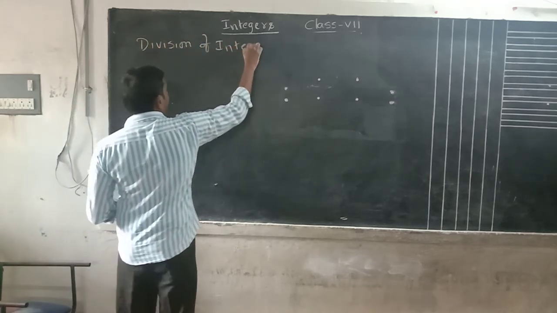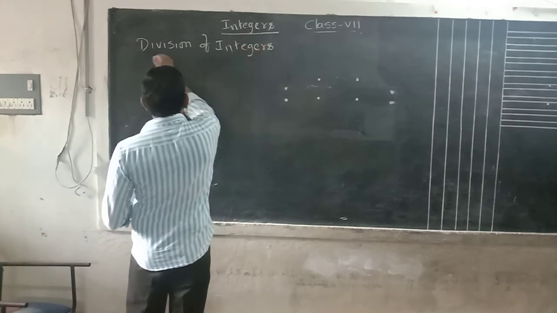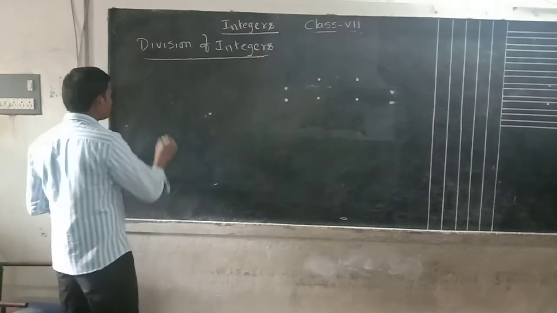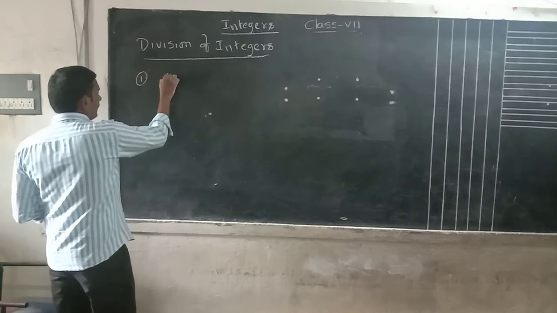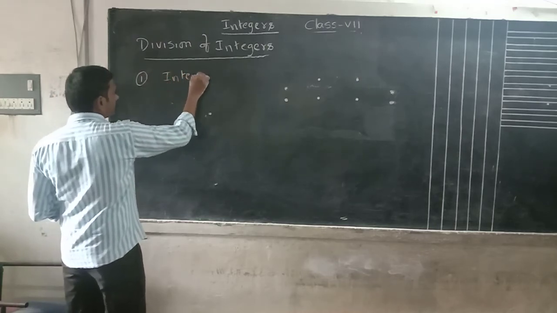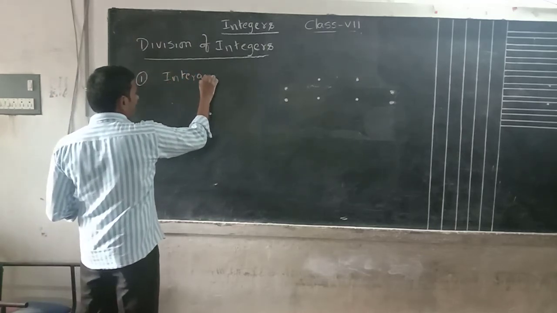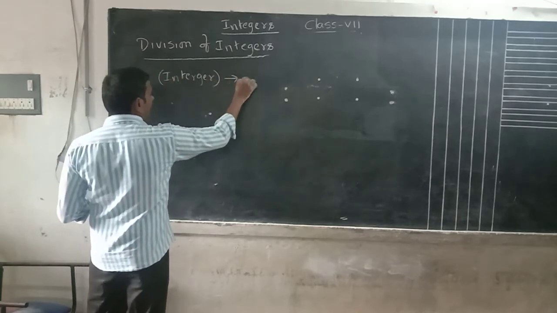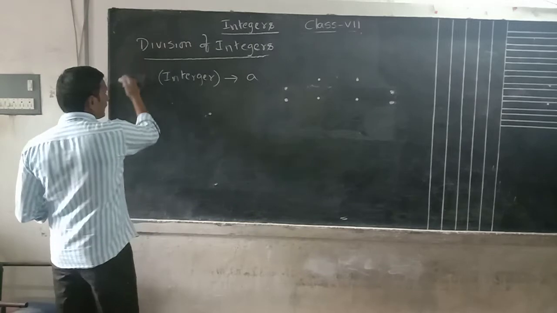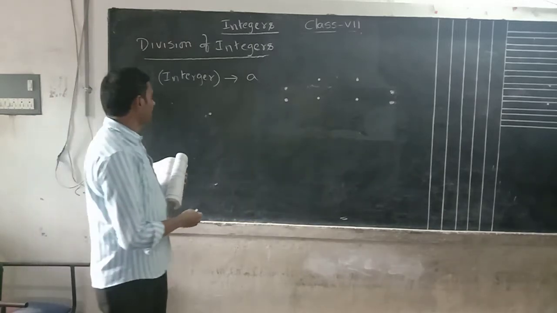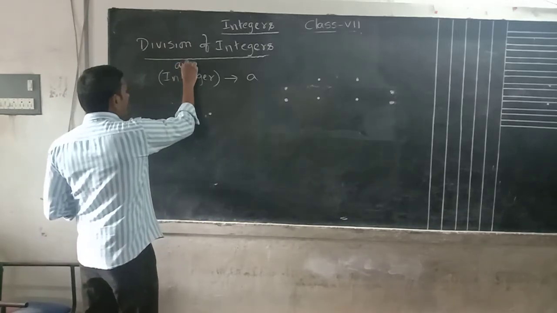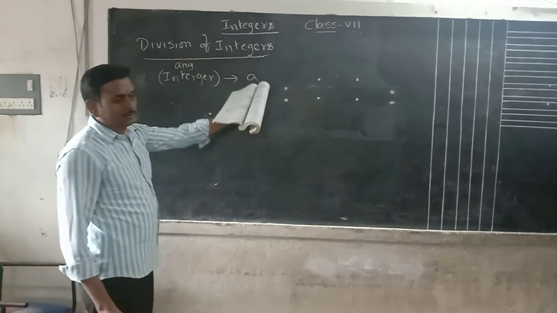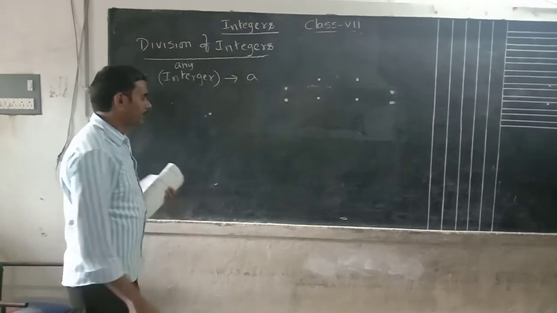First one, integer divided by integer. I want to take integer as a. A is any integer. Any integer I represent with a.